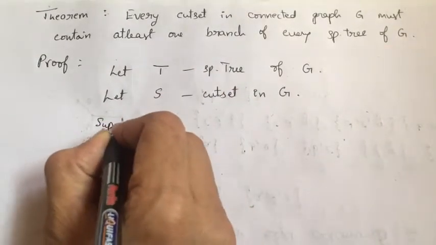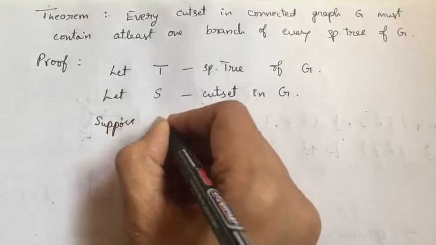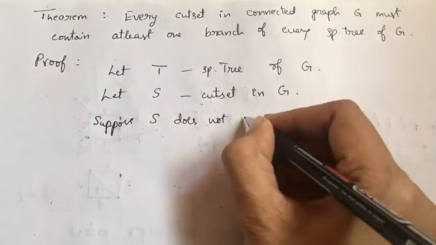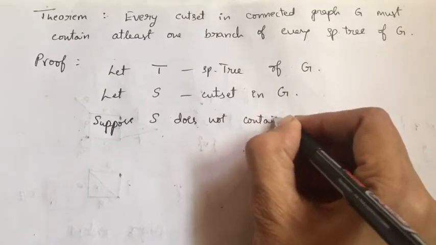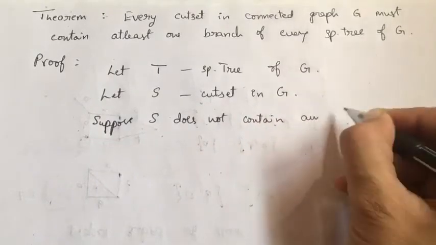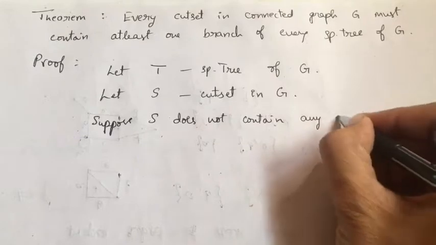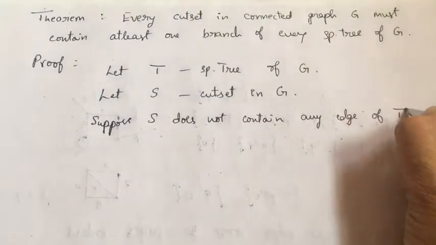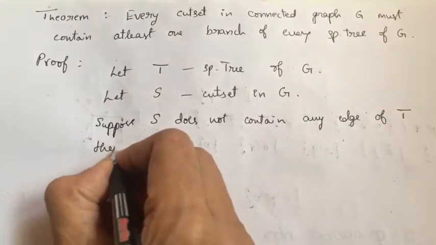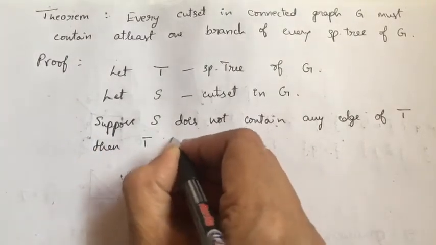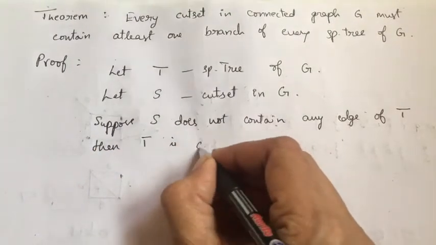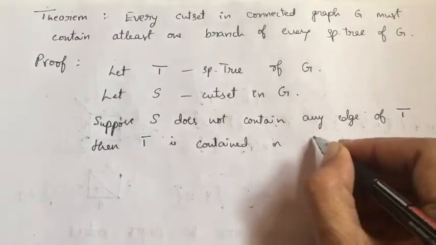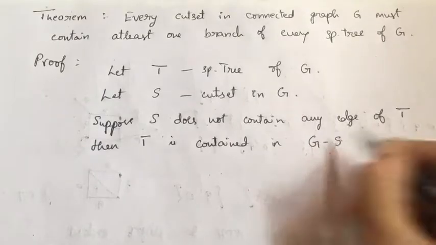Suppose S does not contain any edge of T, then T is contained in G minus S, right?